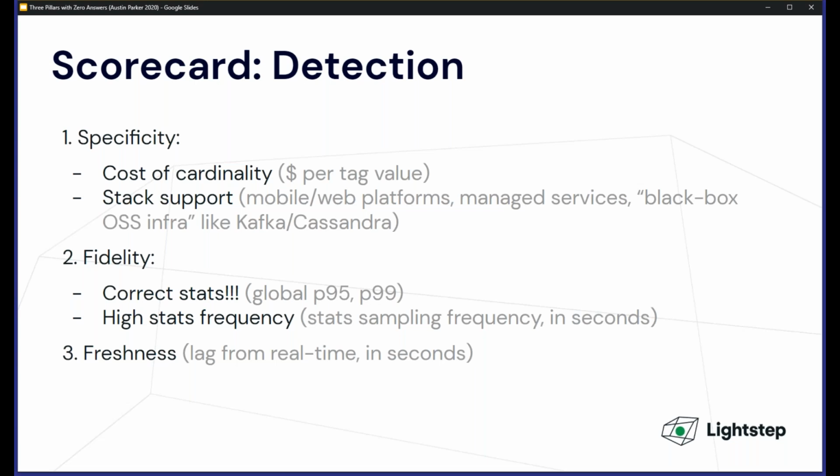So there's a lot of exclamation points here on correct stats because it's actually really hard to calculate something like P99. A lot of things that people pay a lot of money for will take the P99 across different hosts and then average all those P99s together, which makes it statistically meaningless because I've now created an average of an average.